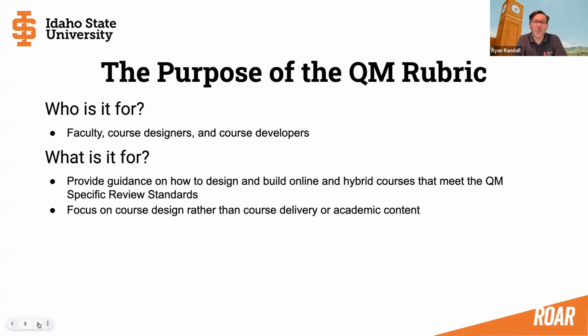It's designed to provide a structured framework, placing emphasis on the importance of course design for creating high-quality online and hybrid courses. It aims to ensure that the courses meet the QM-specific review standards, which are research-supported and best practice-based guidelines for effective online education.